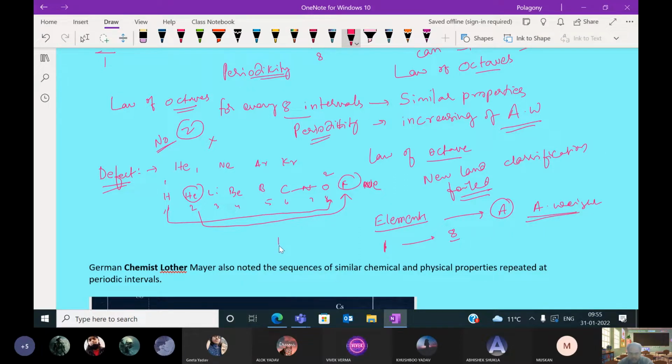Hydrogen with fluorine, lithium with sodium, sodium with potassium, like that. So this is the Newlands classification of elements. The purpose of classification is to arrange the elements in a systematic order for easy study.